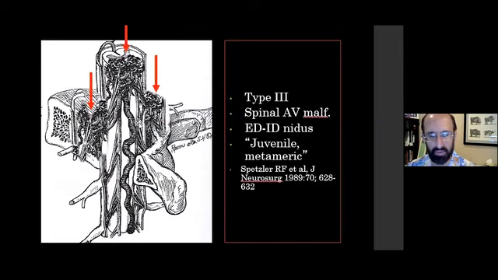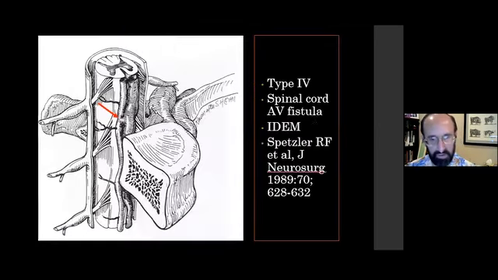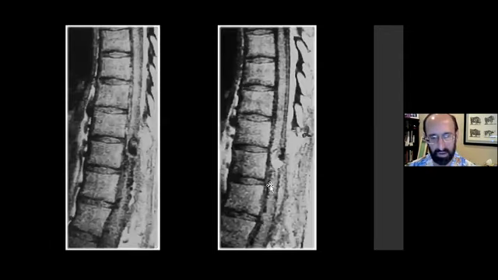When it spreads throughout this segmental level, we call it the metameric variety, or type 3. And finally, we have type 4, which is a fistula, which is intradural but extramedullary. So not in the nerve root sleeve, but actually within the thecal sac, and that's the type 4 AV fistula. And this is an example of one where there was that connection in the flow void within the thecal sac.